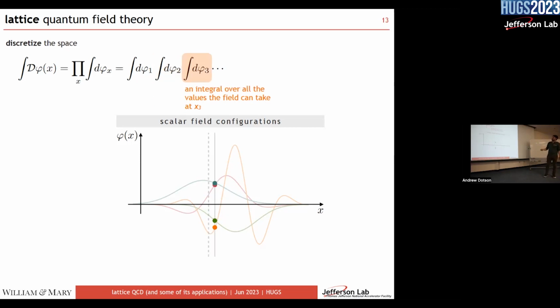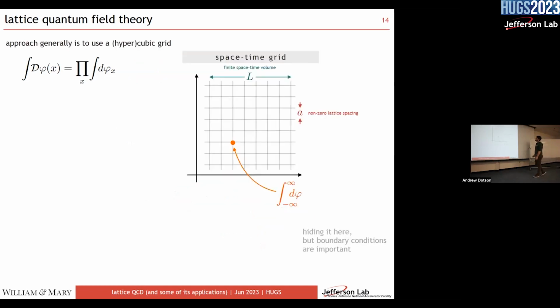And of course, you do this for each slice. You integrate over the value of the field from -infinity to +infinity at every space point. Or in general, in a 3+1 dimensional theory, at every space-time point. So that's the idea.